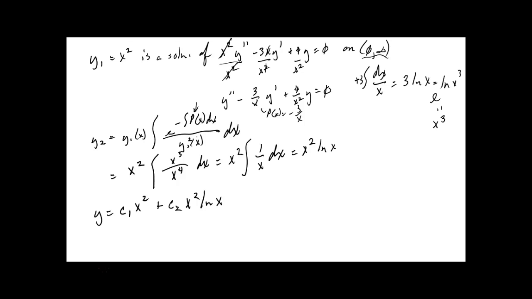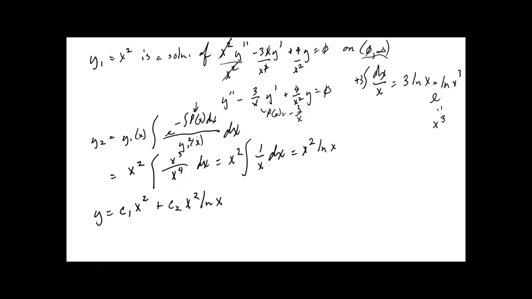So we divided everything by x squared, including the 0. I didn't show that, but we did. And this became y double prime minus 3 over x times y prime plus 4 over x squared times y equals 0. So this is in standard form.